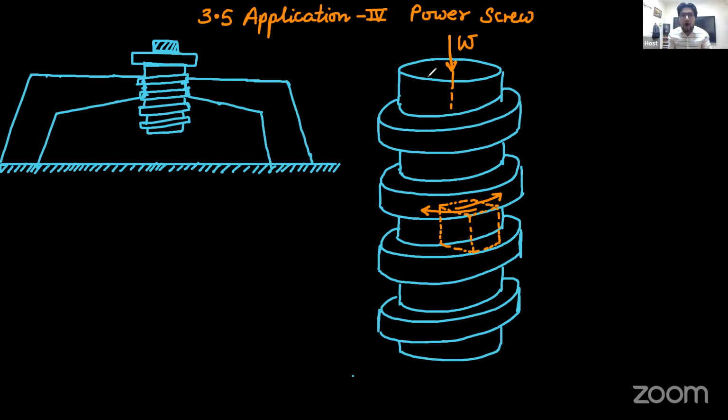The screw is like a block, and the internal thread on the frame is like an inclined plane over which that block in the form of a screw is being slid.